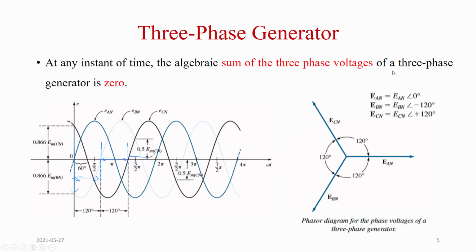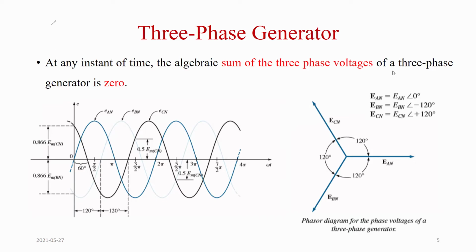Then there is 120 for the first one, then 120 to the second one, 120 to the third one, okay? So a 3-phase generator is going to have 3 voltages. Each voltage has the same magnitude as the other ones, but they are different in phase.